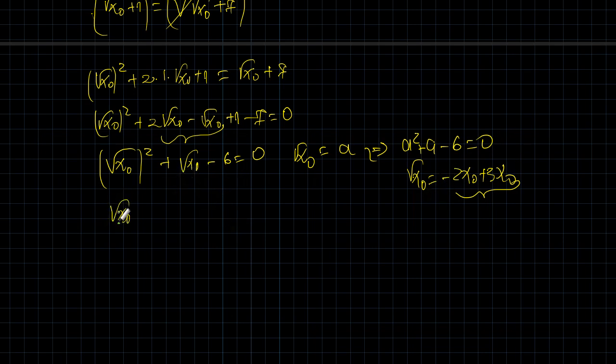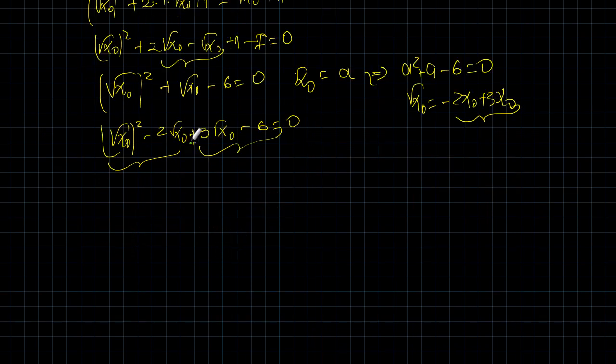So I'm going to have square root of x0 squared minus 2 square root of x0 plus 3 square root of x0 minus 6 equals 0. Now I can factor this: the common term between the first two is square root of x0, so I'm left with square root of x0 minus 2, and here I have plus 3 times square root of x0 minus 2, equal to 0.